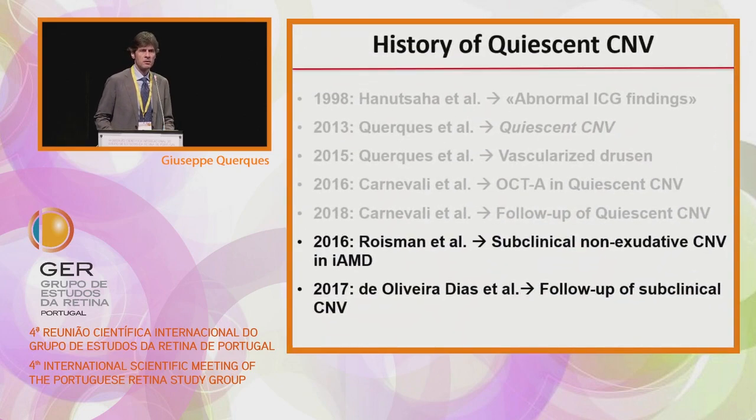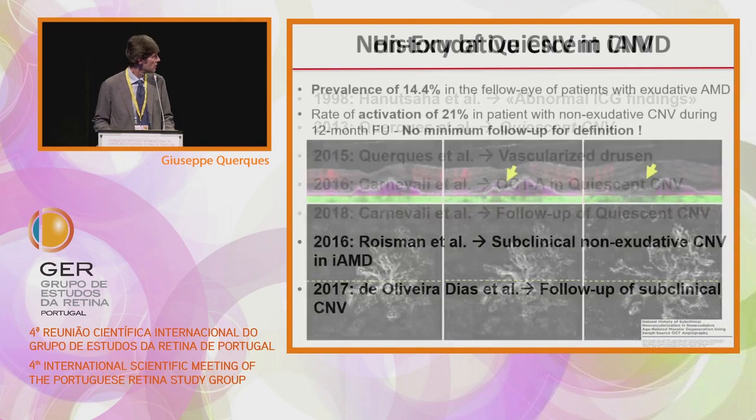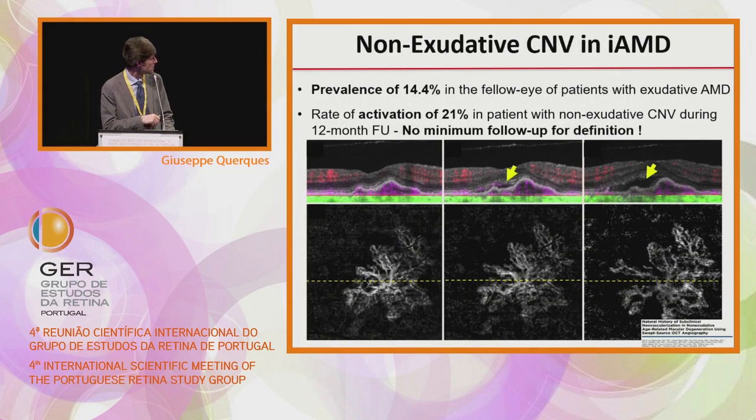In the same period, the Phil Rosenfeld group published these 2 studies showing more or less the same features that we did in our papers on quiescent CNV. So this irregular RPE elevation with good visualization of the microneovascularization on OCTA.